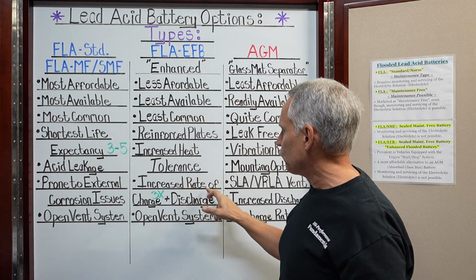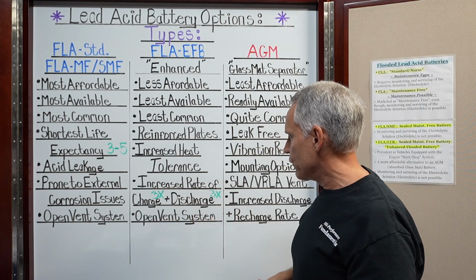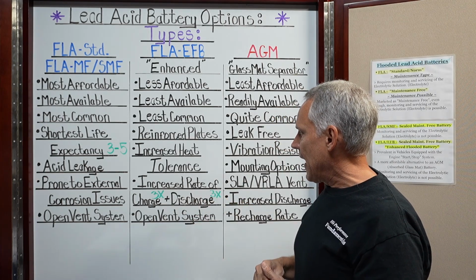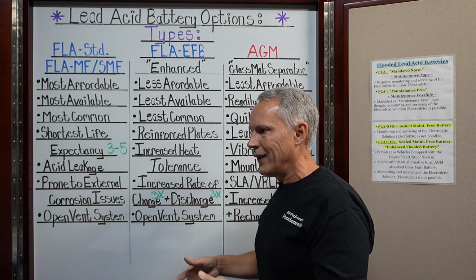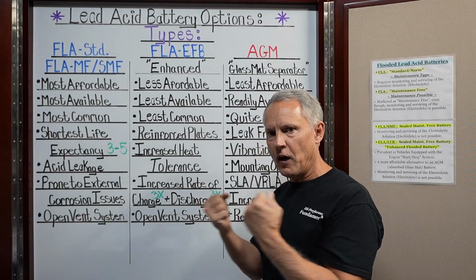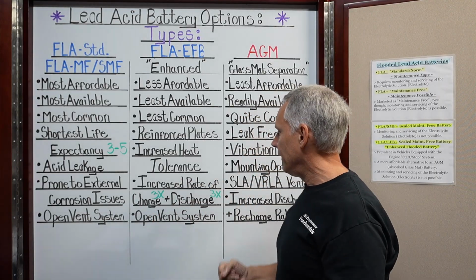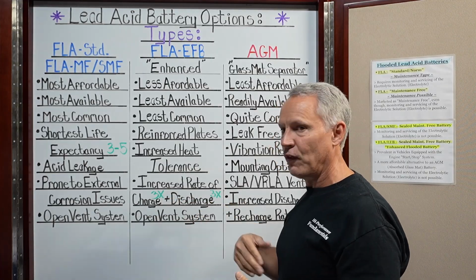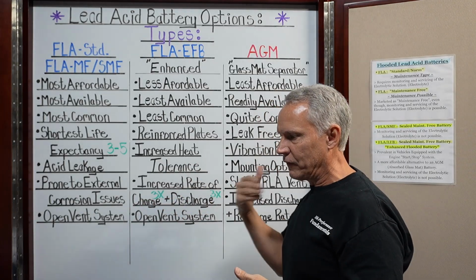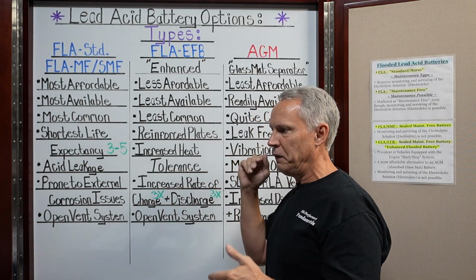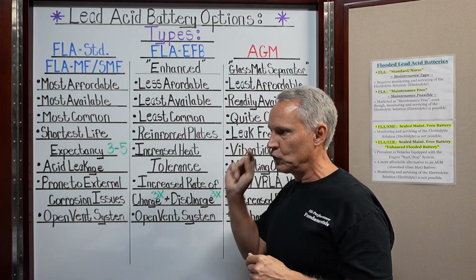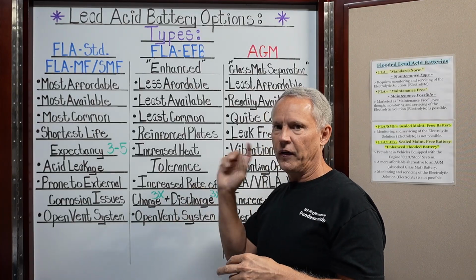They have an increased rate of charge and discharge. So basically what this means is that the rate at which the battery can not only accept the charge, we'll call that energy recovery, but also deliver stored electrical energy, right? That rate is approximately 3 times greater. And think about the fact, like I mentioned earlier, that the battery is being utilized repeatedly to start the vehicle, over and over.